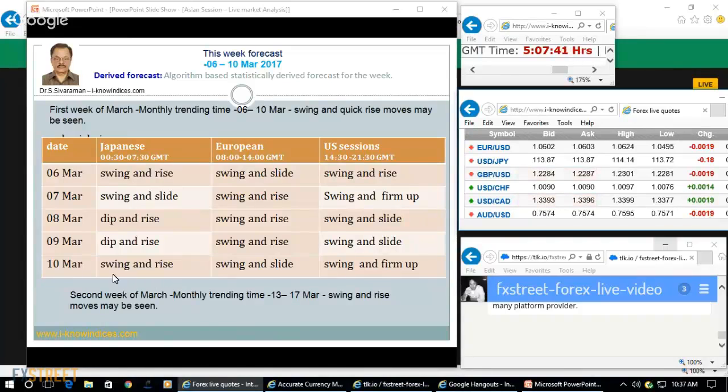On Friday, when the non-farm payroll is going to be announced, they are expected to gain the levels during the Japanese session and start making the slide during the European session before the non-farm payroll in the case of Euro and GBP.